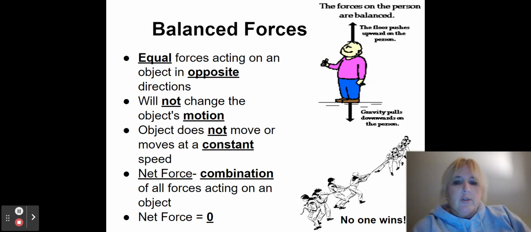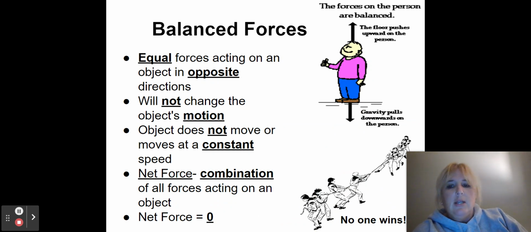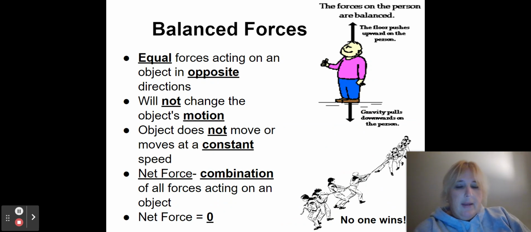Let's first look at balanced forces. Yesterday, when we had our discussion, I heard the word equal and the word same and the word not moving. That all came up a lot. So, if we're to define forces, we're going to say forces are balanced when they are equal forces, but they're acting on an object in opposite directions.